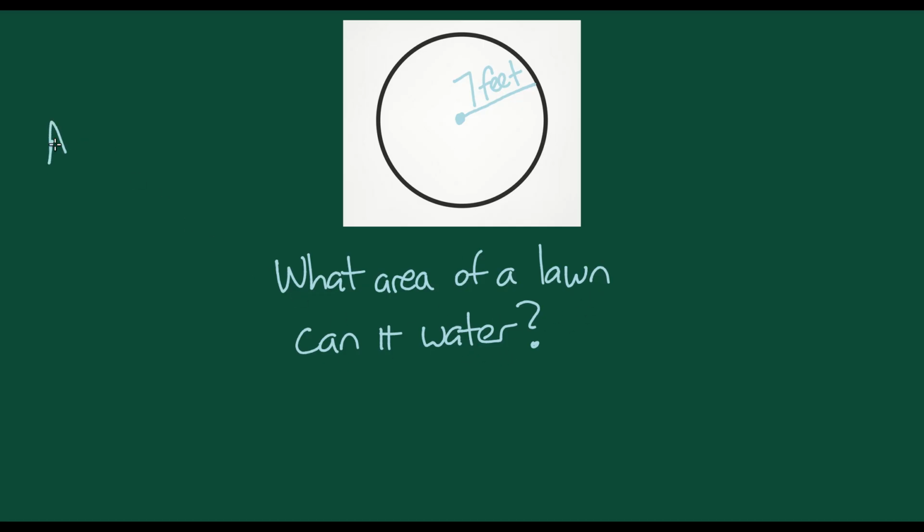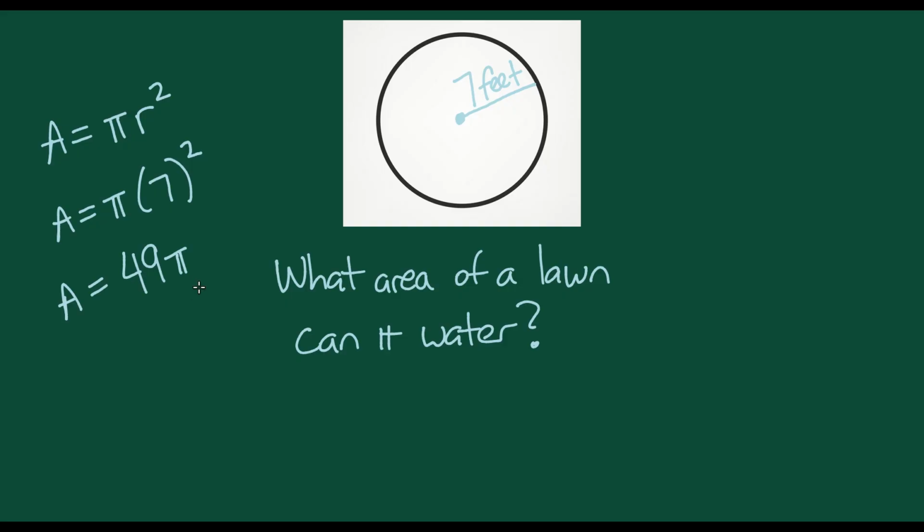Well, the area of a circle is pi r squared. So we just need to find the area. Let's plug in 7 feet for our radius. For this circle, representing the area that the sprinkler can water, our radius is 7. So area is pi times 7 squared. 7 squared is 49, so our area is 49 pi.